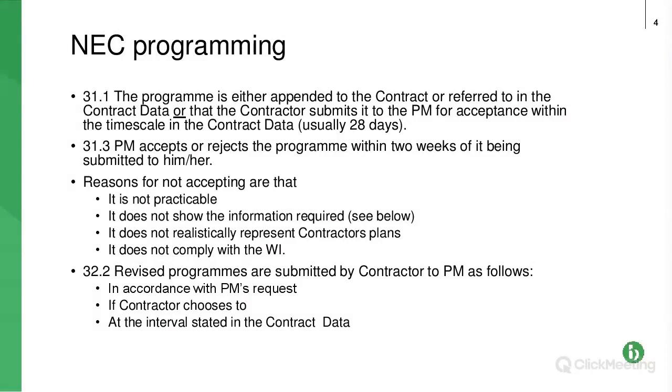JCT doesn't really provide for that, FIDIC doesn't, etc., etc. But hopefully you can see this is one of the reasons why it is really important to have a programme at the start that is agreed or appended to the contract, because how can you revise a programme if you're still arguing or debating about whether the PM has accepted it or hasn't accepted it, or why the PM hasn't accepted it, etc.